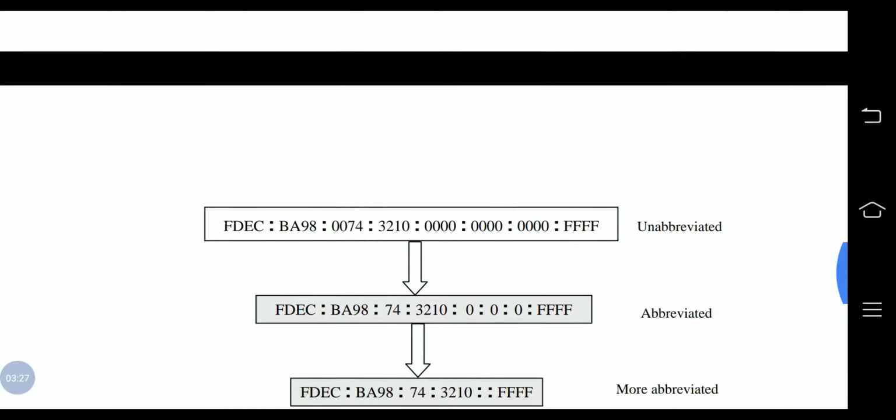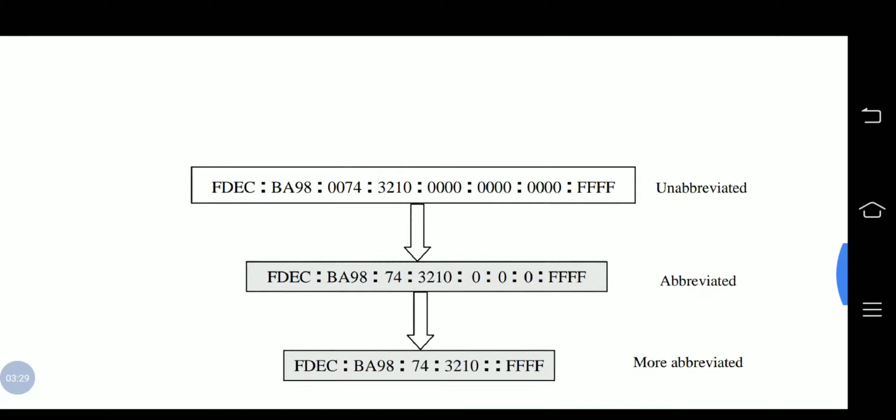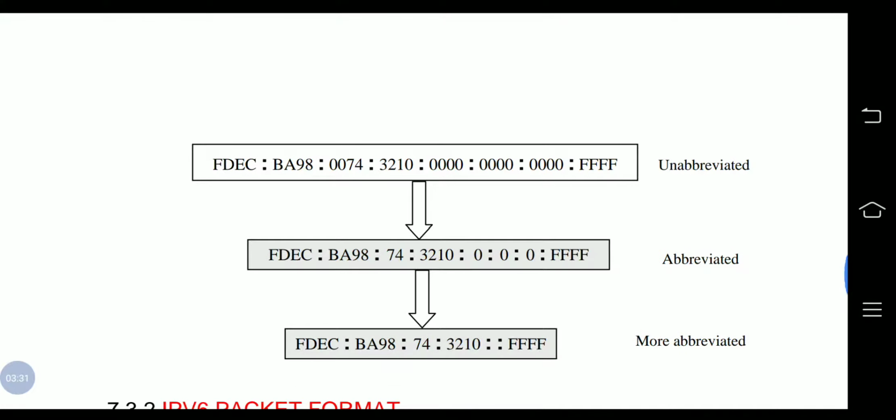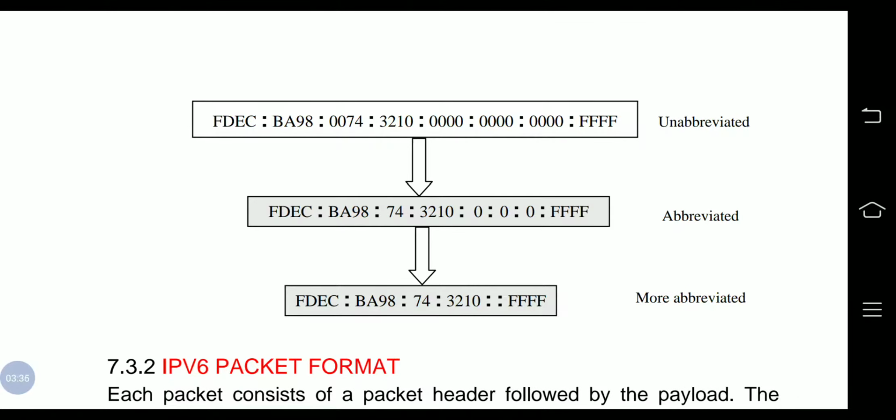Here is the best example of how the abbreviated and more abbreviated forms are used.